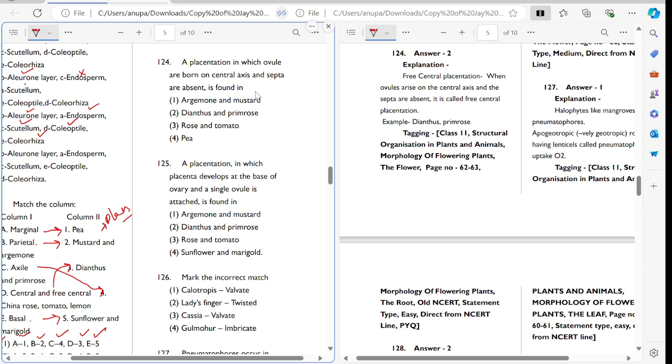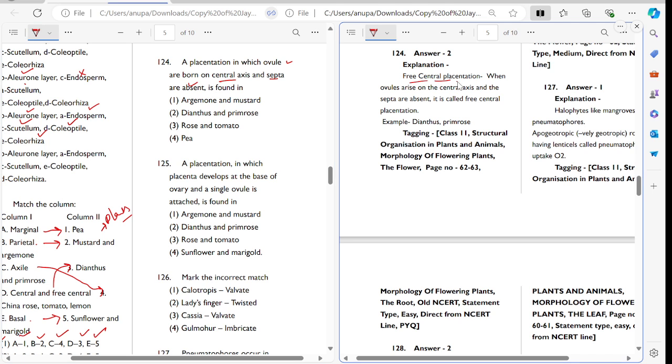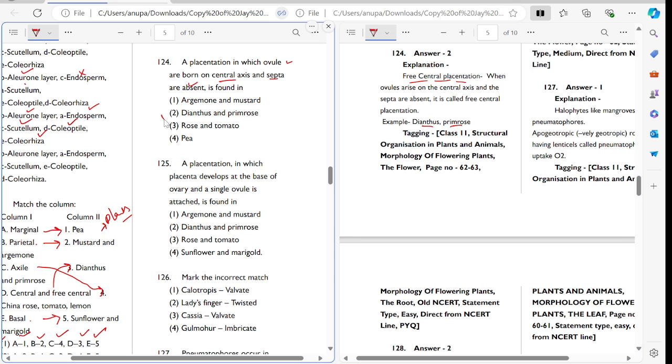When ovules are borne on the central axis and septa are absent, such type of placentation is known as free central placentation, and it is most commonly found in dianthus and primrose. So the answer of this question will be option number 2. It is mentioned dianthus and primrose, so this will be our answer, that is option number 2.